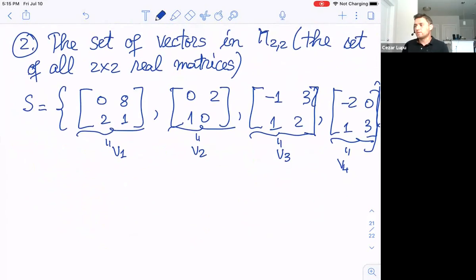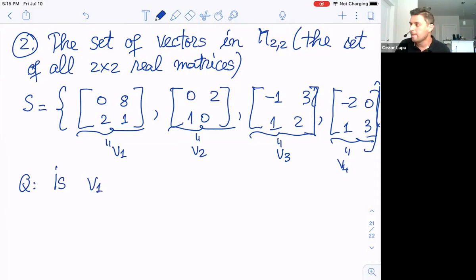Now the question is, do you think you can find a vector that can be written as a linear combination of other vectors? That is the question I want to answer. Let me be more specific.